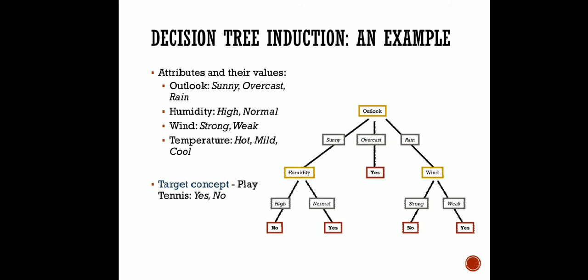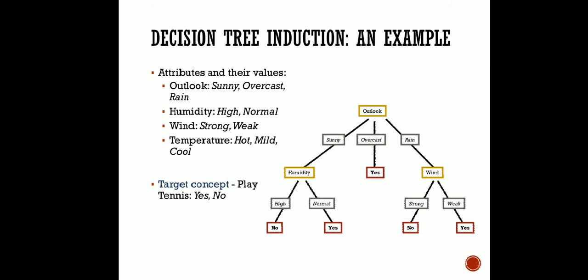Our target is to extract the most important feature, that is, whether we will first decide based on outlook or humidity or wind or temperature, which feature is the most important and which is least important. My decision tree will decide that.